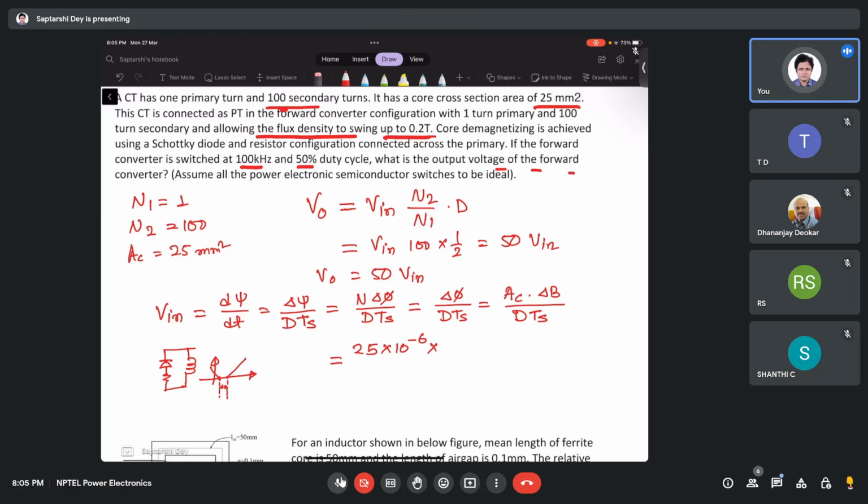So this times delta B is 0.2, duty ratio is 0.5, and Ts is frequency 100 kilo. So what do we have? 25 times 10 to the minus 6 times 0.2 times 100 times 10 cube by 0.5. 1 volt is coming.